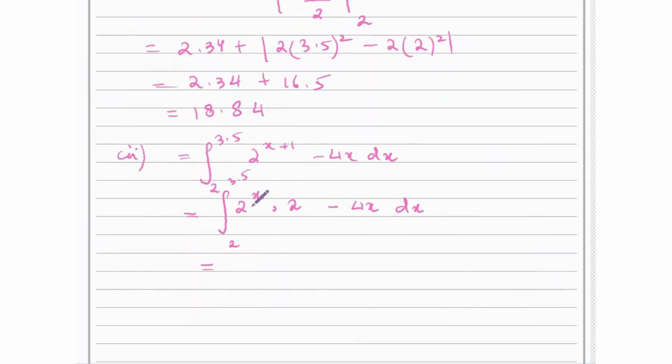Now we know between 2x and 4x we have 2 common, so the 2 comes outside. Inside we have 2 to the power of x minus 2x, same as the original thing. So again we just replace it by 2.34. Then we multiply that by 2, and that's going to be 4.68.